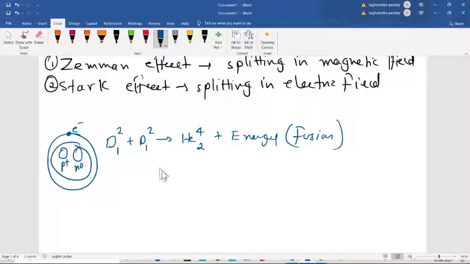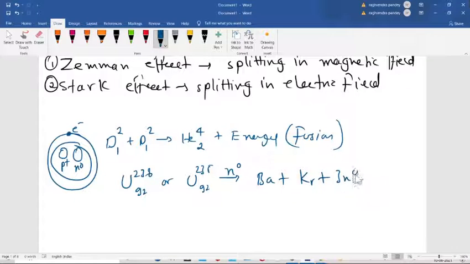So we have nuclear fission. Okay, we take uranium 238 or 235. Basically, it is 235 most of the time, and we bombard it with a neutron. The neutron goes inside it and it splits into barium and krypton plus three neutrons.